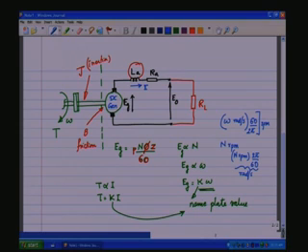Likewise, we said that the DC generator is a gyrator, wherein EG, which is a potential variable on the electrical side, is linked to the flow variable on the mechanical side.